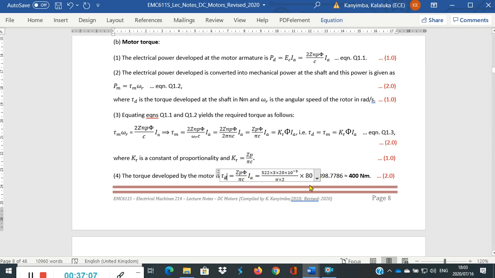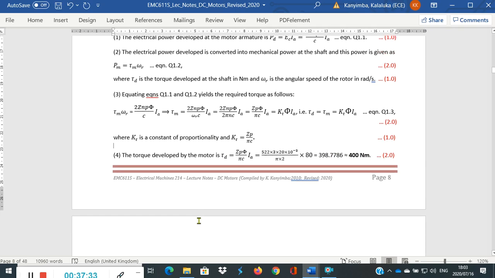When we substitute the quantities, Z times P times phi times pi divided by pi times C times Ia will give us approximately 400 Newton meters. That is 398.7786. We can approximate this to 400 Newton meters.